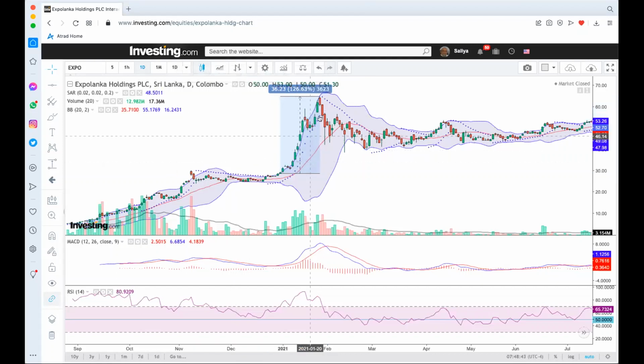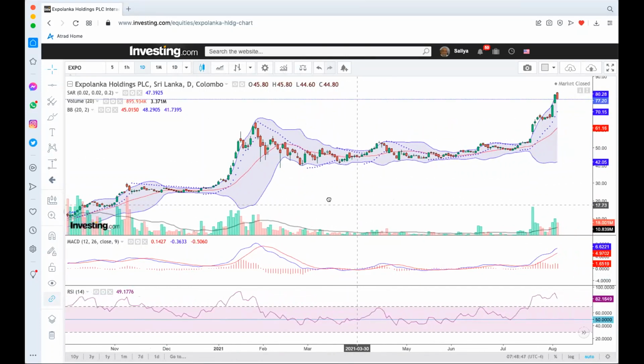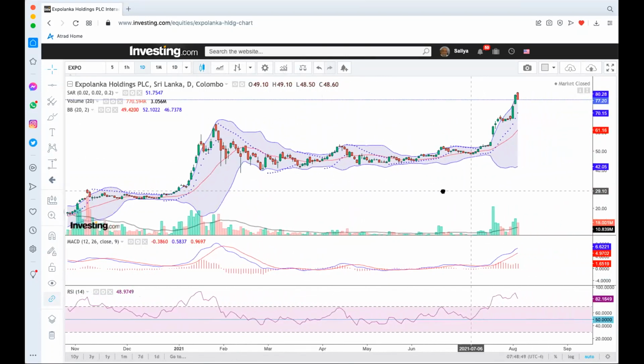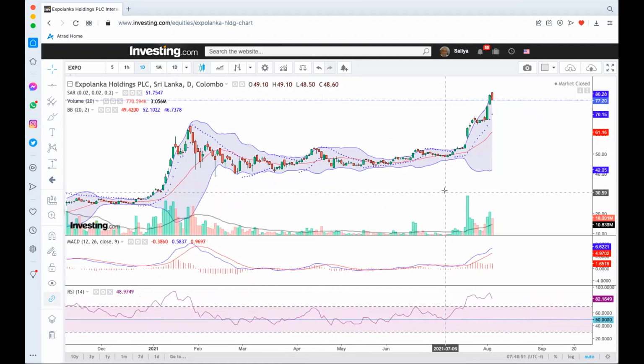Today, I remember one of my clients who bought Expo Lanka. He put orders at 85 rupees and 87.50. Before trading, he was talking to me and asking, what are we going to do if it hits 85?